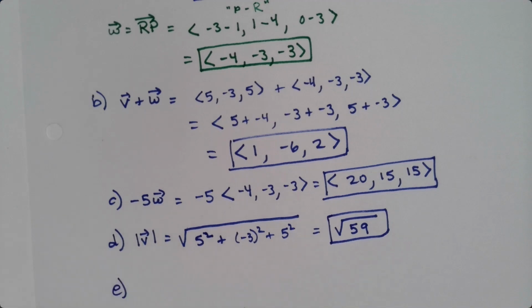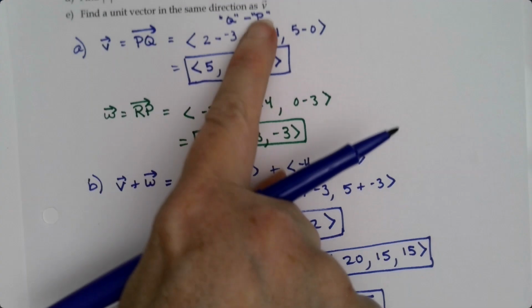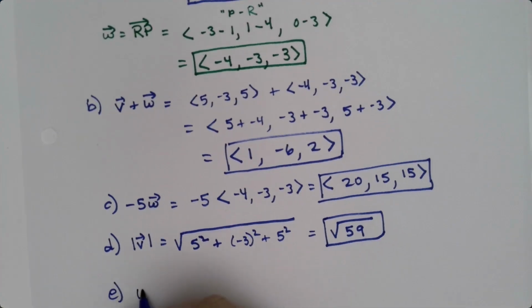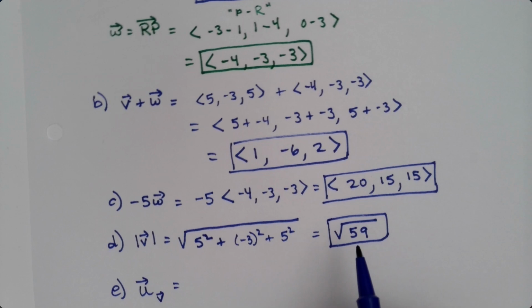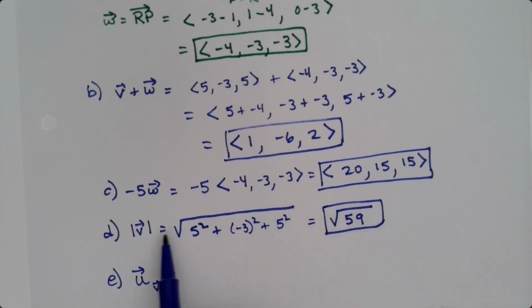All right, E. We're going to find a unit vector in the same direction as V. Now, a unit vector has to be unitized. You have to take your vector and make it smaller and make it the correct length. So currently vector V is the square root of 59 units long.